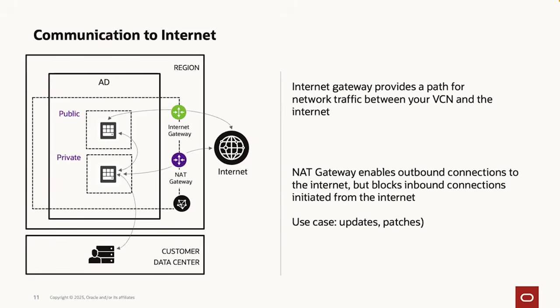And then that NAT gateway device routes the response to the host in the private network that initiated that connection. So that's how these two differ. You still get access to the internet. However, the NAT gateway is going to block any inbound connections that have been initiated from the internet. And the biggest use case for a NAT gateway is to retrieve critical updates and patches.